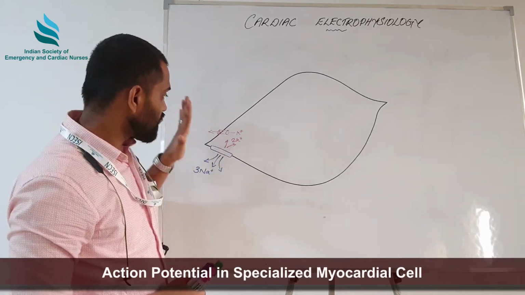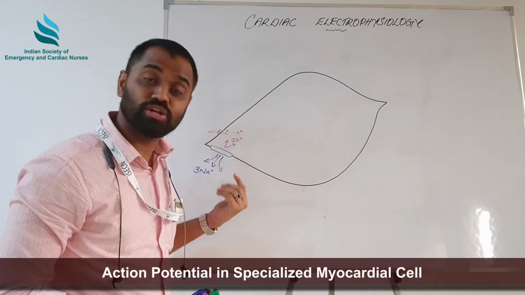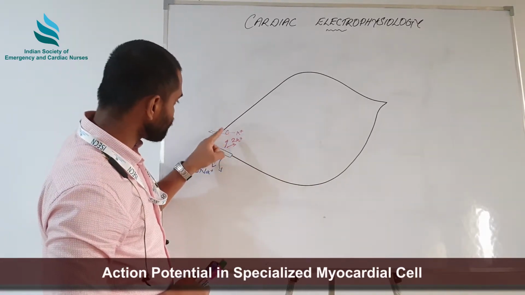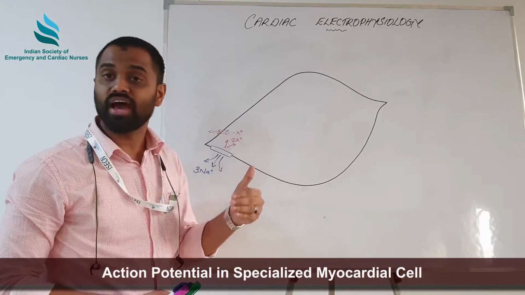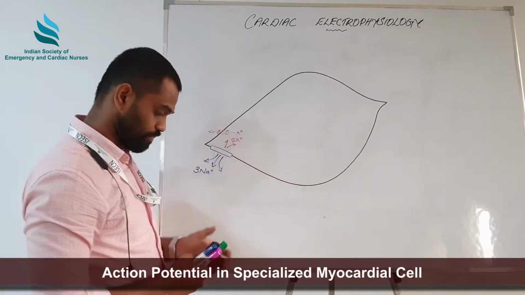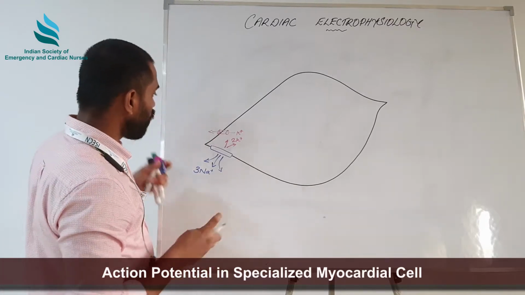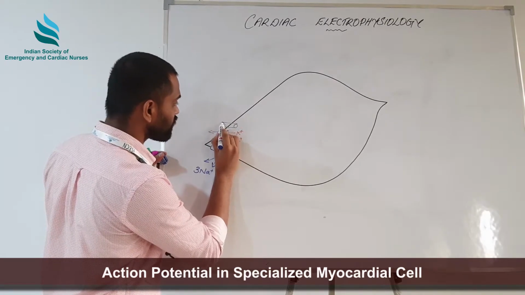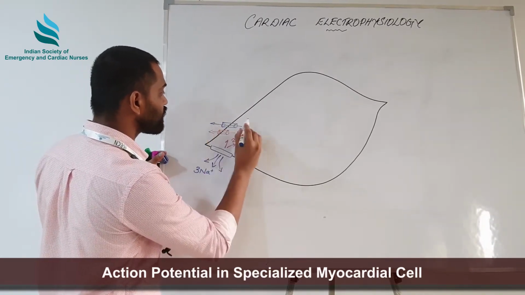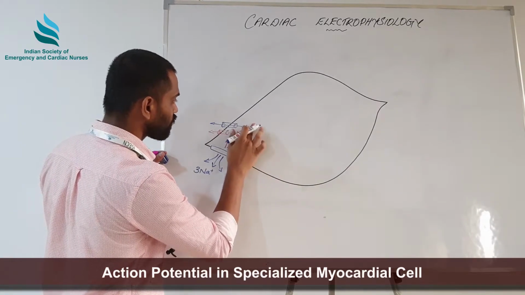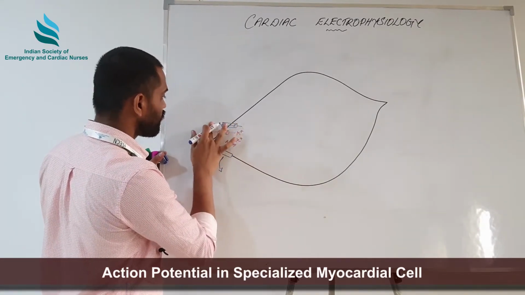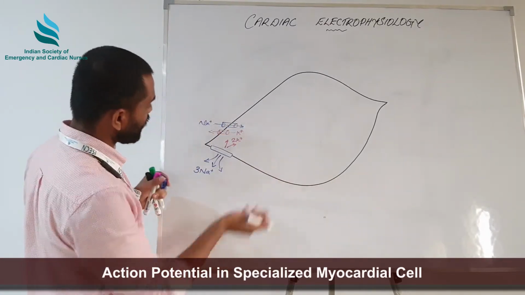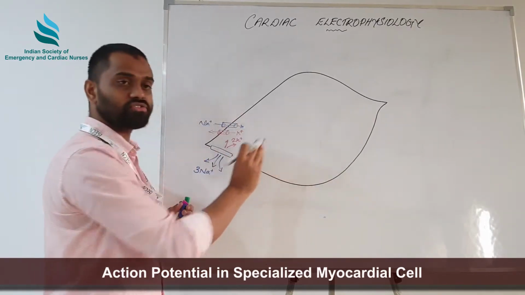Now how does this differ in an SA nodal cell? In the SA nodal cell also the potassium channels are open and we have efflux of potassium. But at the same time we also have sodium channels here which are functional, and they are also leaking some amount of sodium, the direction is different, from the extracellular compartment into the intracellular compartment.